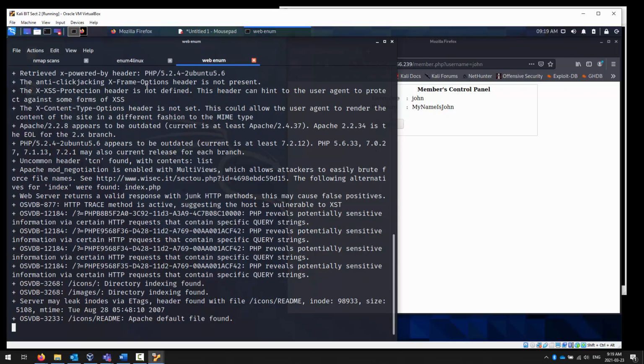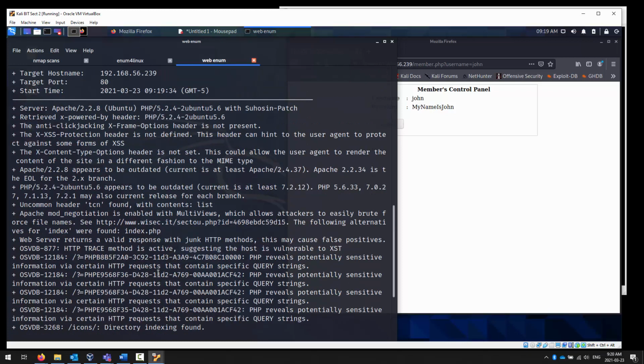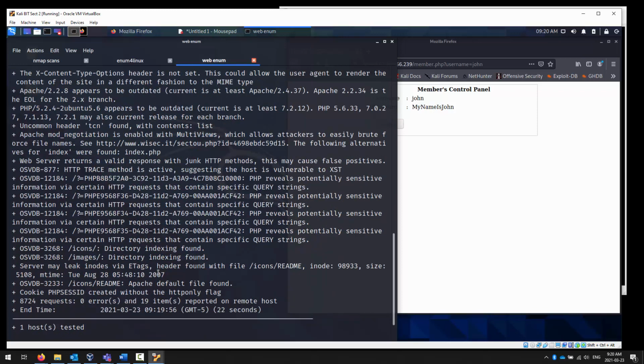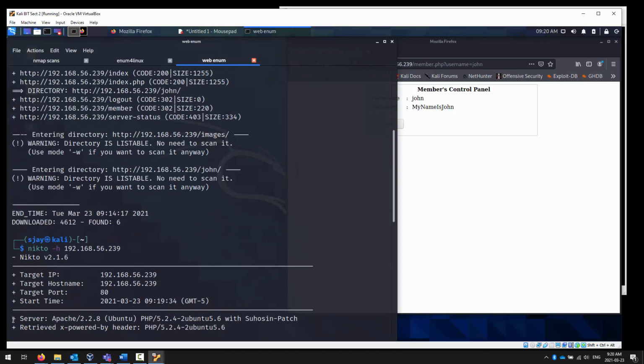We get again indications of PHP installed. That's nice, but we kind of discovered that ourselves. But again, we run both just to see if one gives us something that the other may have missed. I don't really see anything. I don't really see any indications of the John directory either. One more reason why we try to run both.